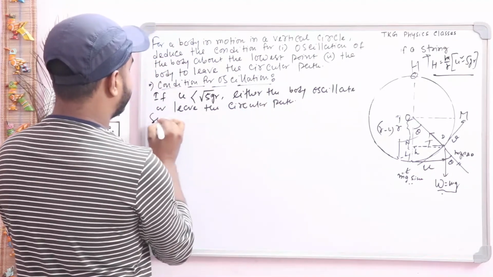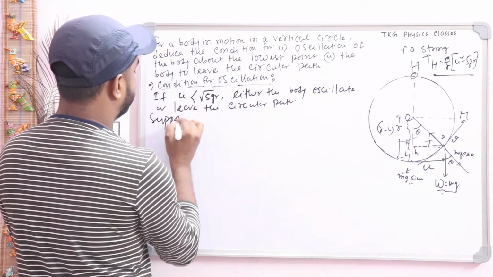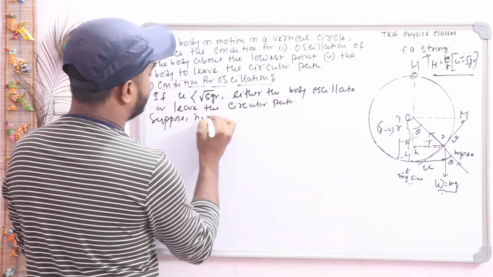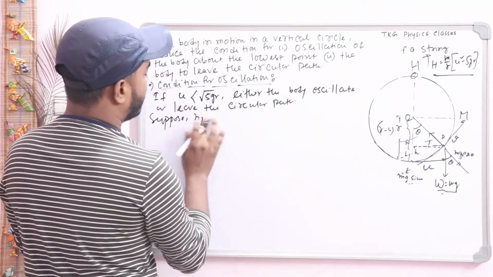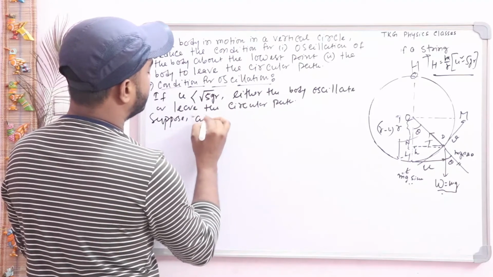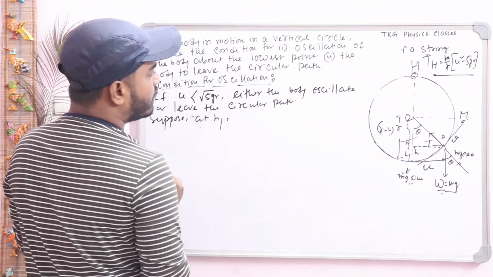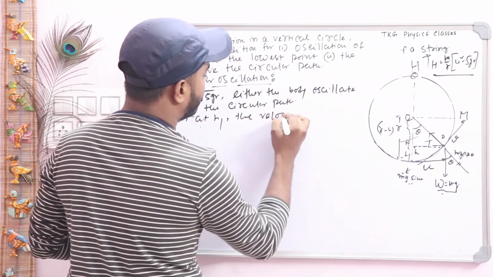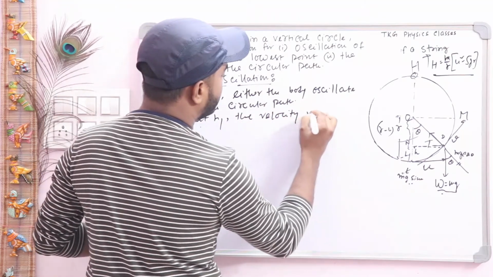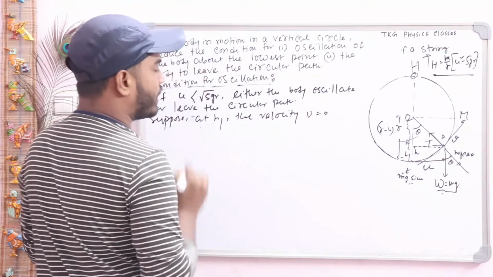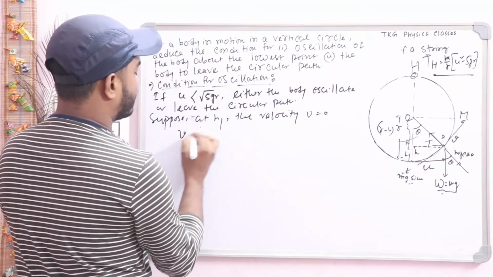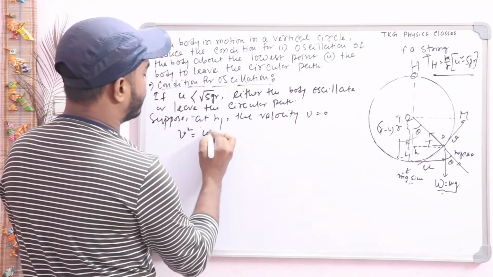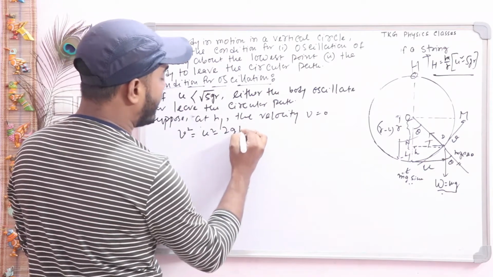Suppose at height h1 the velocity of the body is 0. Velocity v is equal to 0. Check it. So you know the formula of velocity, v square is equal to u square minus 2gh.